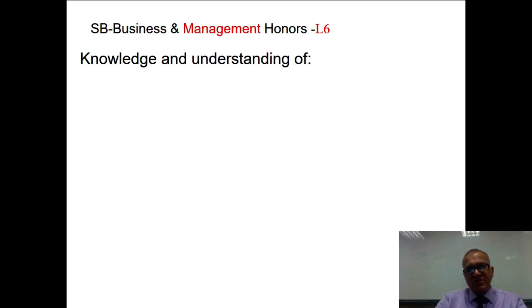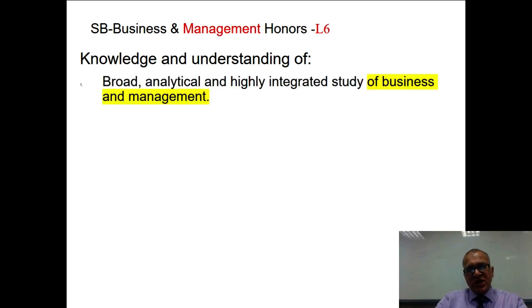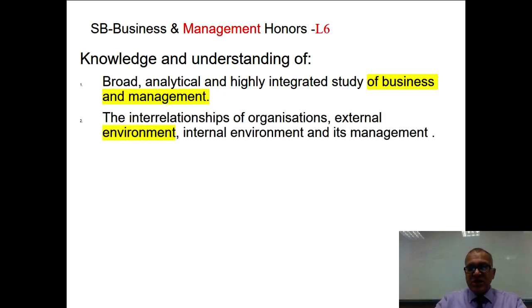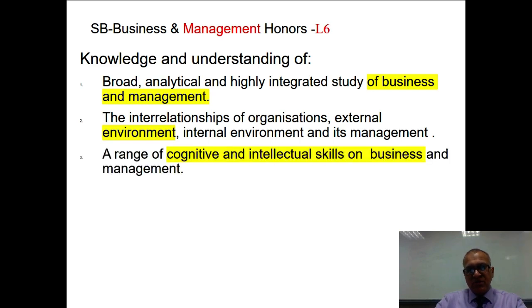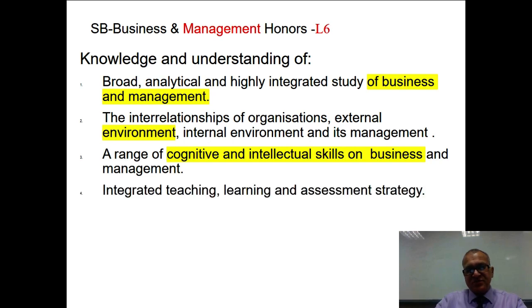If somebody is on a level 6 business degree, the person should be able to show broad, analytical and highly integrated study of business management, show the interrelationship of company, organization, its external environment and internal environment, show a range of cognitive and intellectual skills, and also show an integrated teaching, learning and assessment strategy.